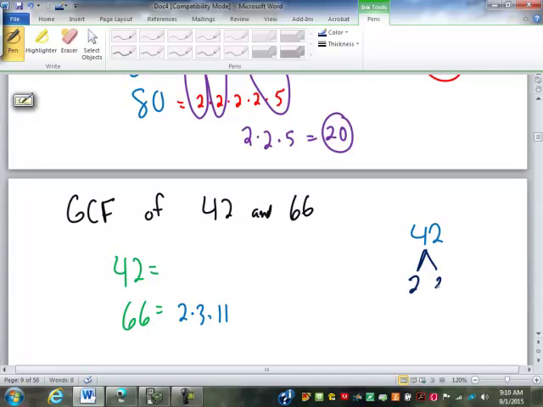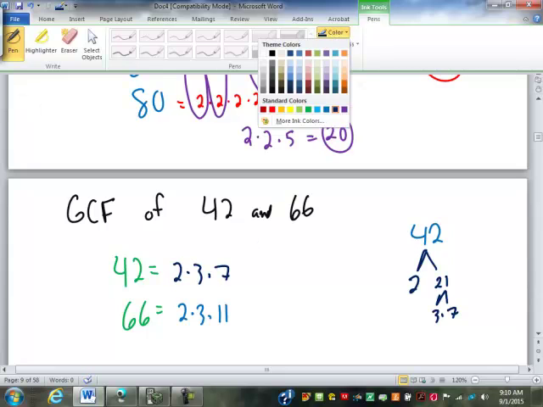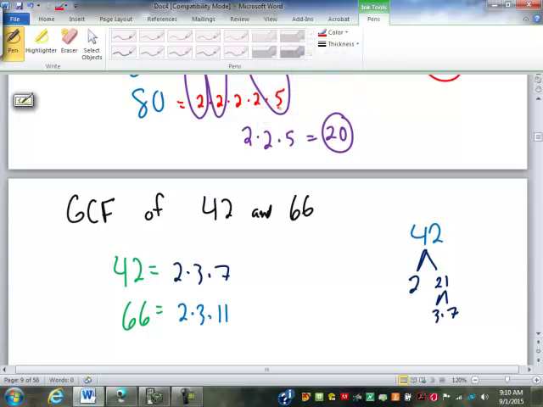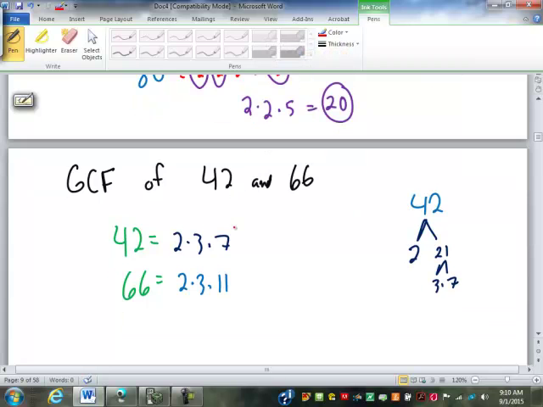So it divides into 2 and 21 and 3 times 7. So 2 times 3 times 7 is 42. 66 I've already factored into 2 times 3 times 11. So what do they have in common? A 2 and a 3. 2 times 3 is 6. 6 is the greatest common factor for 42 and 66.